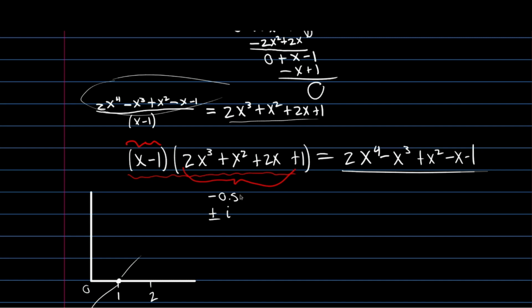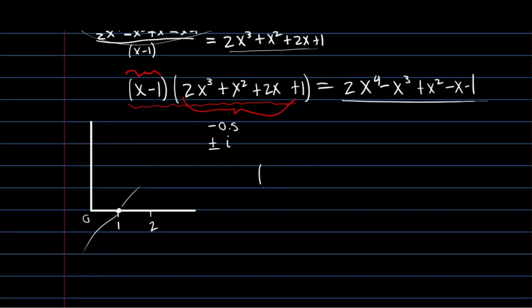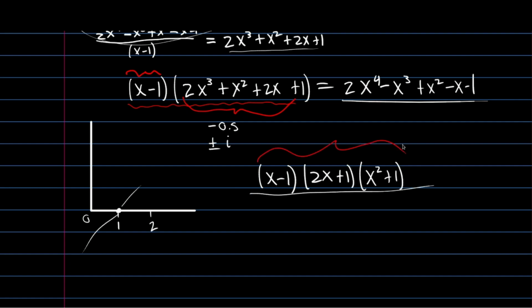So if we were to simplify this polynomial further, we would have x minus 1, we would have 2x plus 1, and then we would have the expression something like x squared plus 1. And this would be the fully factored polynomial expression, which would make it a little bit easier to analyze in terms of where the roots are located.